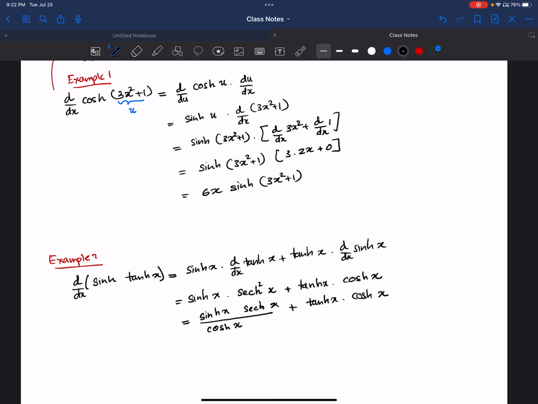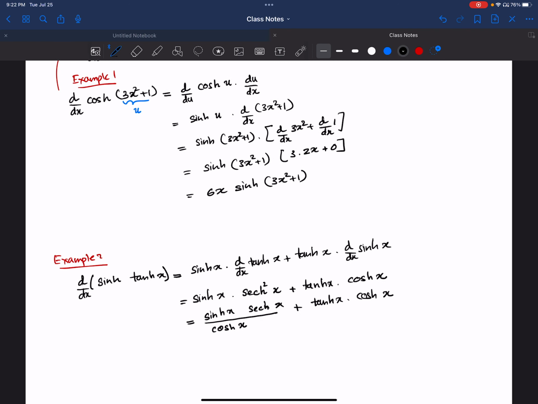And then what we can do is take this as tanh x times hyperbolic secant x plus cosh x.